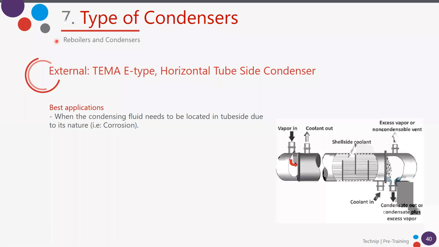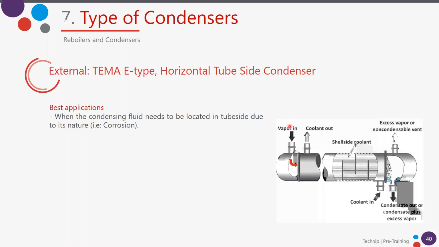Now we are going to see the TEMA E type, horizontal, but where the condensation takes place on the tube side instead of the shell side. This configuration is sometimes used to condense high pressure or corrosive vapors. So the best applications are when the condensing fluid needs to be located on the tube side due to its nature, such as corrosion, high pressure fluids, or very fouling vapors.